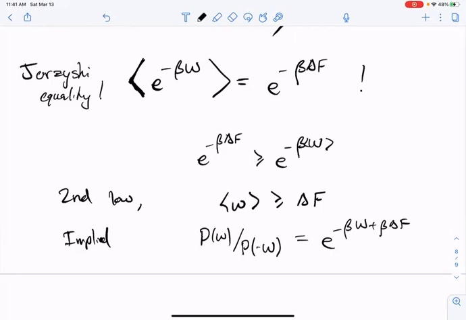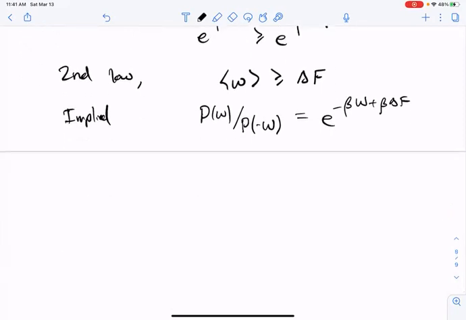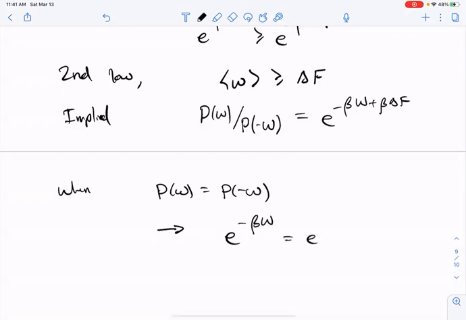Or where those two are equal, where it's equally likely to see the forward amount of work or the backwards amount of work, that work value is equal to the free energy difference. This is another fluctuation theorem, and one that has actually been observed experimentally, validated experimentally.